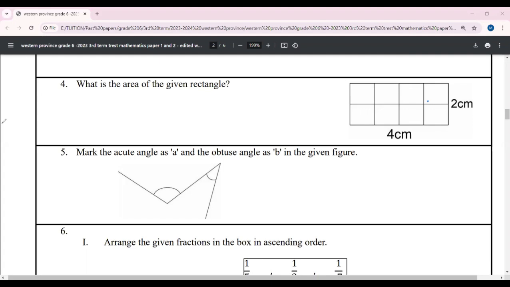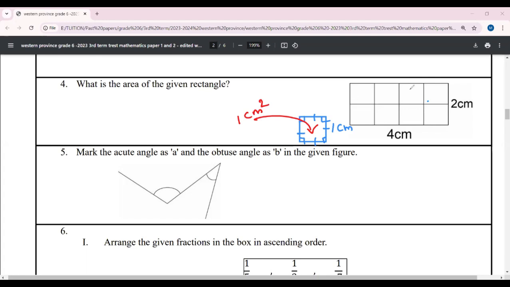We know that if we have something like this, which has a length of 1 centimeter, if we get a square like this, the area of this square is equal to 1 square centimeter. We call this 1 square centimeter, right?